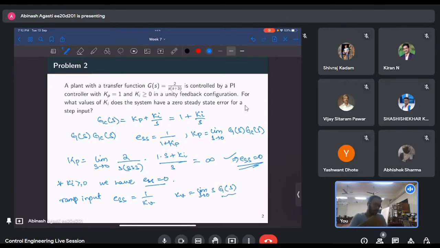So if the open loop transfer function is type 1 or type 0, then you will see that the s on the denominator will be cancelled by this. So either this value will be 0 or some constant. It won't be infinity. Since it is not infinity, the steady state error won't be 0.